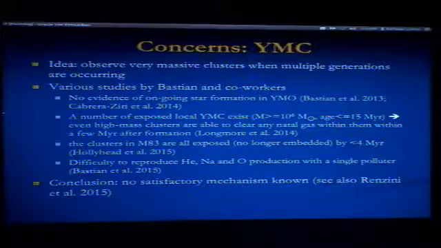But if you go to other nearby galaxies, you can try to see if there is something. And they have done a lot of searching, and they conclude that there is essentially no evidence for this second generation among all these clusters.